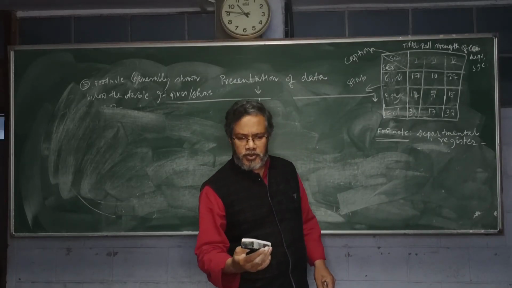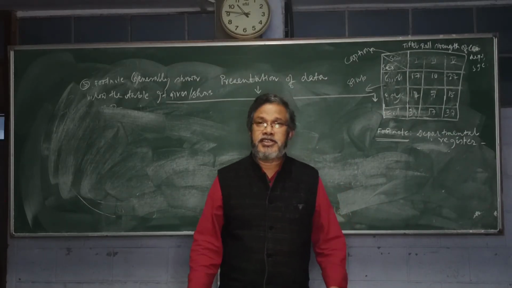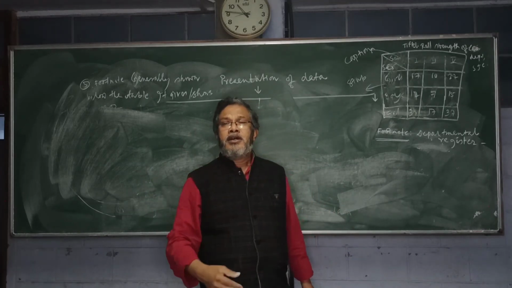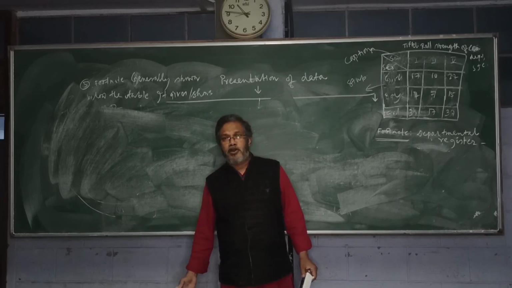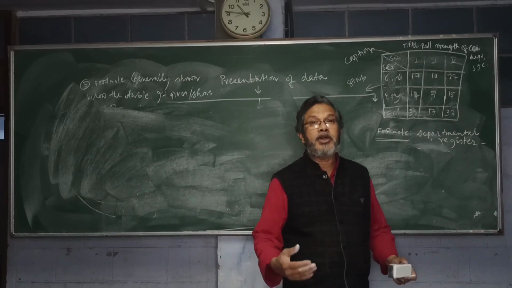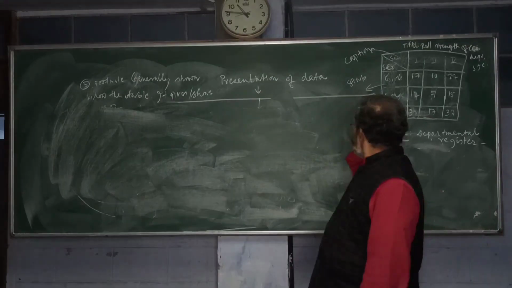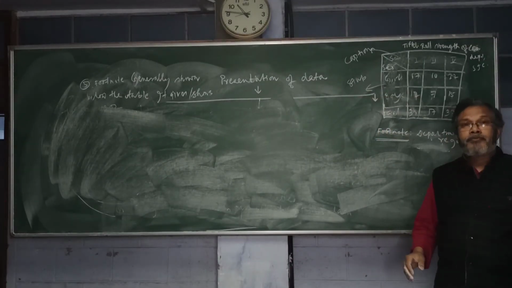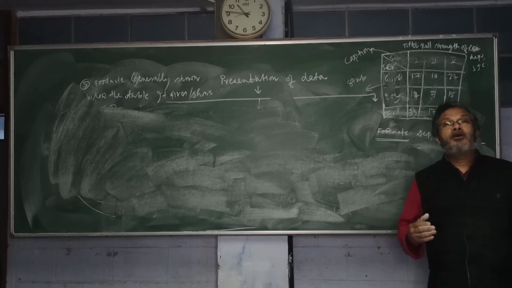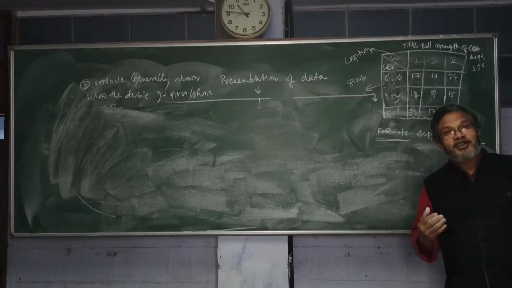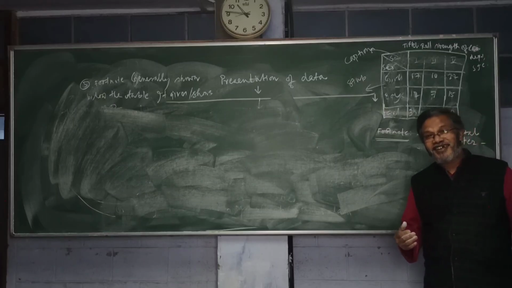Which I told you in the case of textual presentation, that you have to follow a logical sequence when you are arranging the data. Here in this table, you have to follow a chronology, a logical sequence, when you are arranging the data.